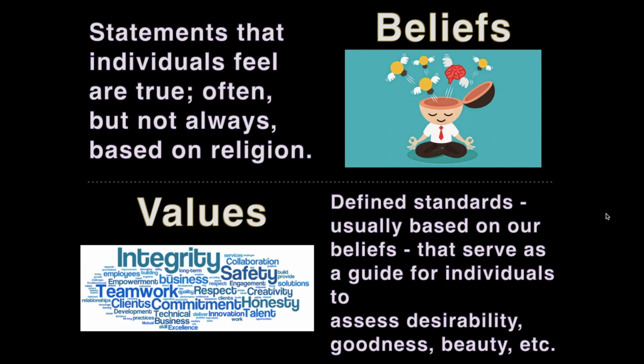But if you believe that everyone wants to be successful, but some of us have more access to opportunity than others, then your values might be a little different. They might be more charity, or community, or compassion. Either way, our values and our beliefs tend to go hand in hand.